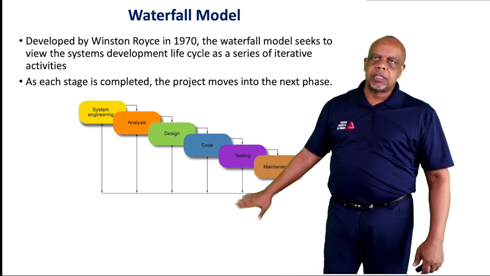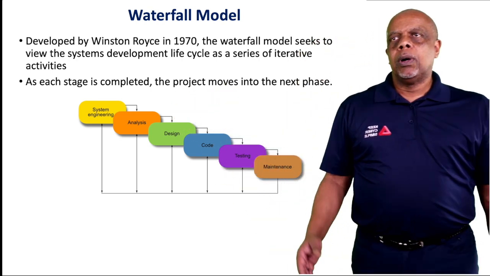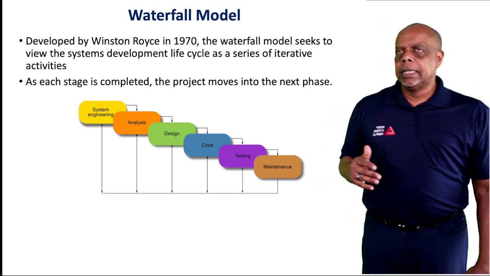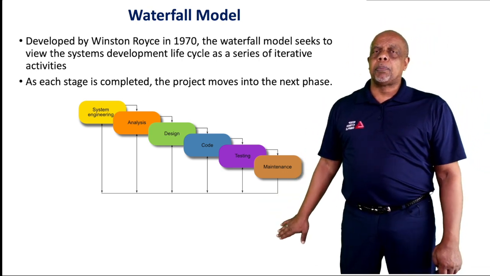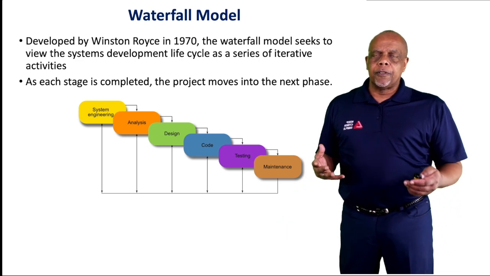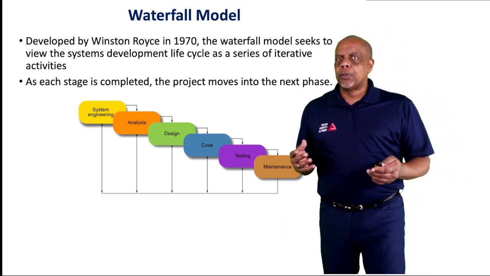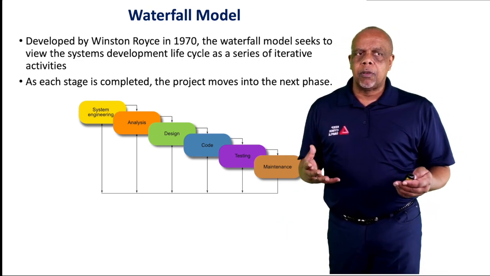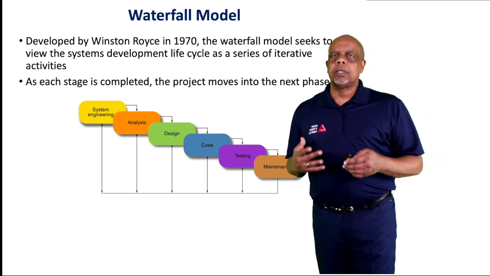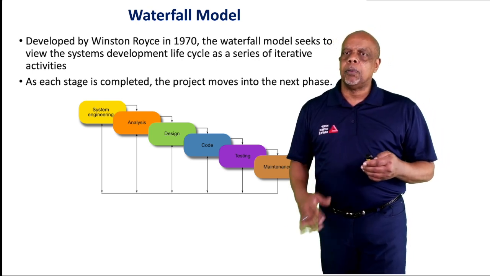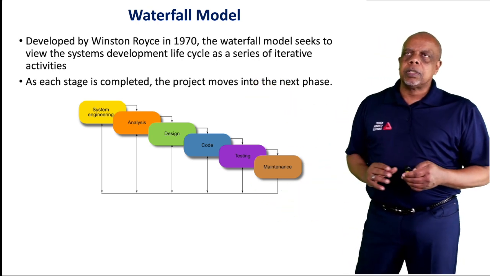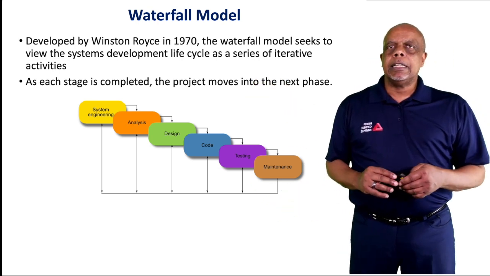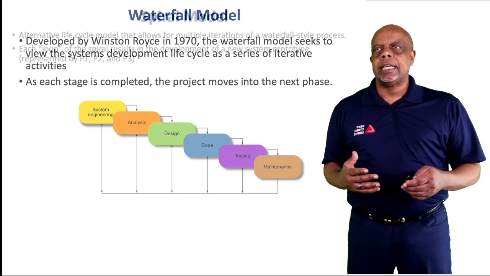But you see, this is a very serial process. One of the problems with that model is it takes a long time. At the end, many times you get a very good product, but if you look at software development today, waiting three to four years to get a piece of software is almost unacceptable, because the speed of business is to the point where people want to get things much quicker. So the waterfall model is used less and less in today's environment.